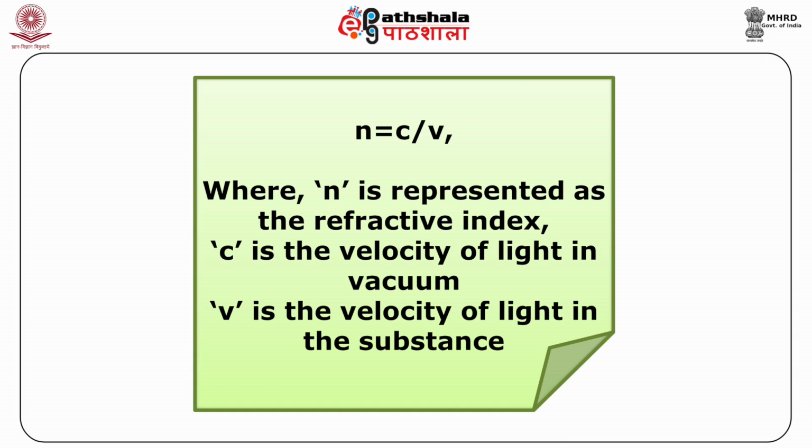That is, N is equal to C by V, where N is represented as the refractive index, C is the velocity of light in vacuum, while V is the velocity of light in the substance.